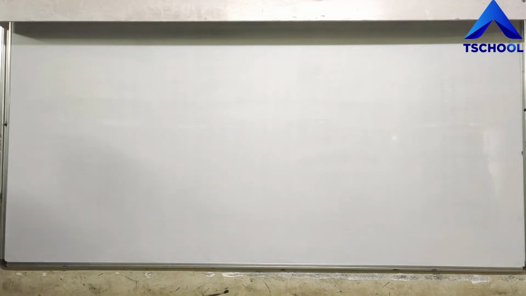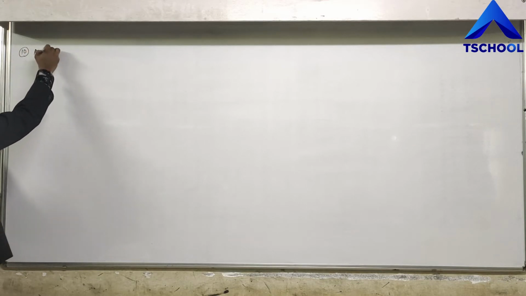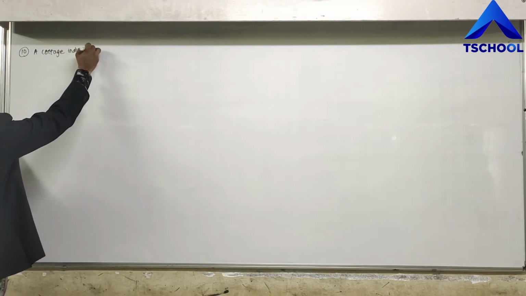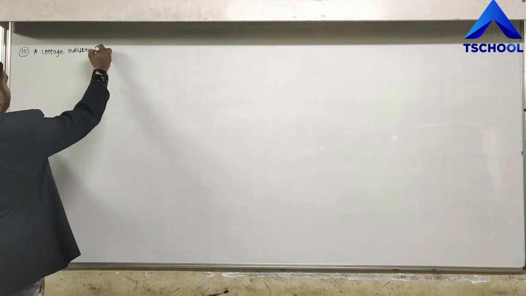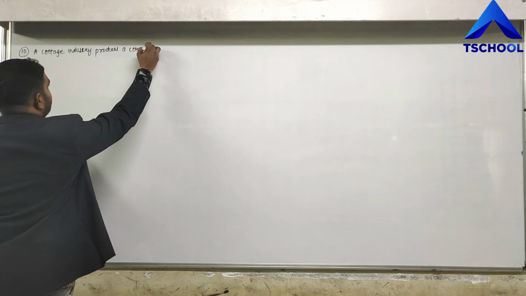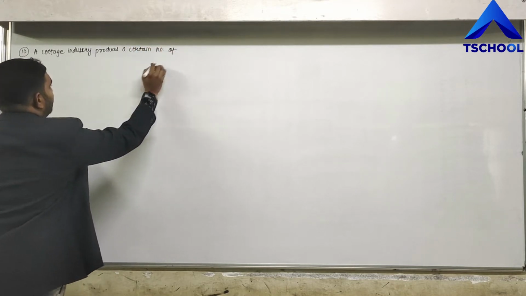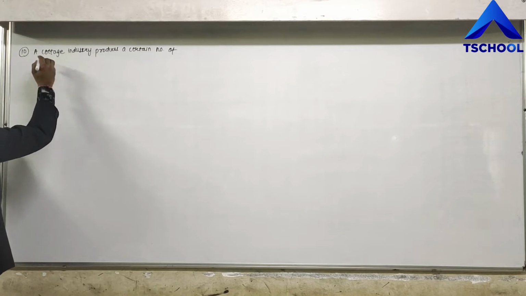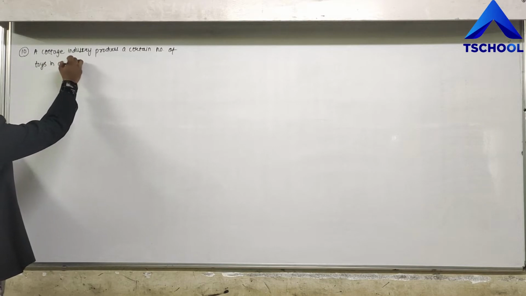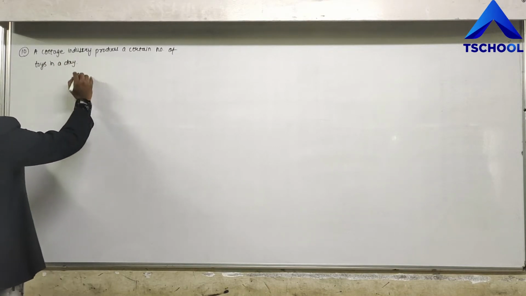Now we shall solve some data type questions also, and then we shall move on with further practice. I have one of them here: a cottage industry produces a certain number of toys in a day.